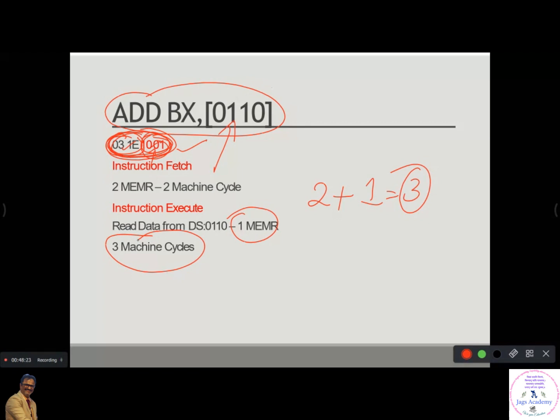Right? So accordingly, if I give the clock speed, you can calculate the amount of time required to execute a particular instruction, which we will do in the next class. This is very easy. Don't miss any of the classes. You can really score well.